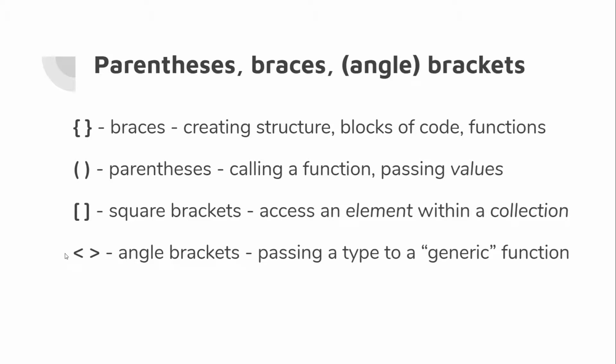And last but not least are the angle brackets. Okay, angle brackets you may not have seen before in some of your other programming classes, and this is important in object-oriented programming and specifically in C# for passing a type to a generic function. There may be functions that rely on a type in order to be executed, right?